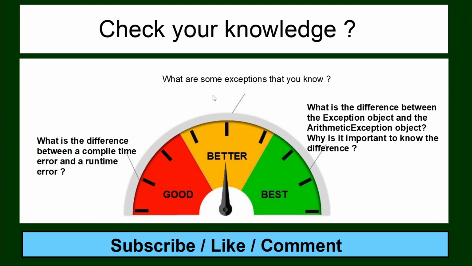If you are able to explain some examples of exceptions, that's even better. And if you are able to explain the difference between an exception object and an arithmetic exception object, and why it is important to know the difference, that's fantastic, and I would like you to leave a comment to explain that below, because that would help other learners to get an idea of the differences between these exception objects.